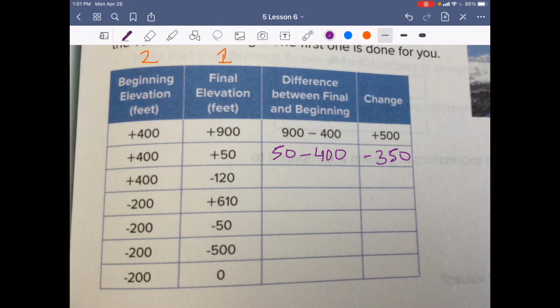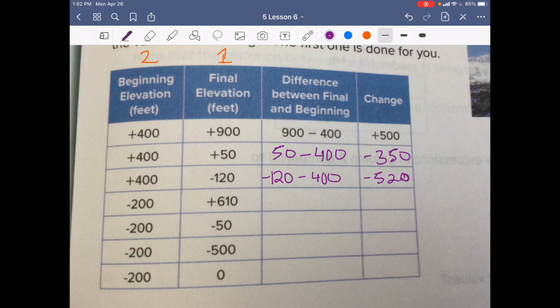Let's look at the next one. We start at 400 and we end at negative 120. Again, we put negative 120 minus 400. Our change in elevation is becoming more negative, and in this case, it would be negative 520.